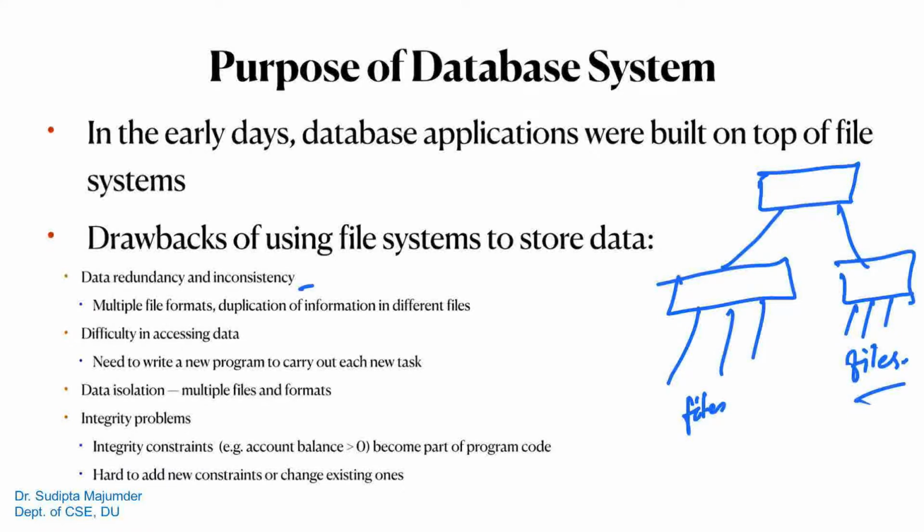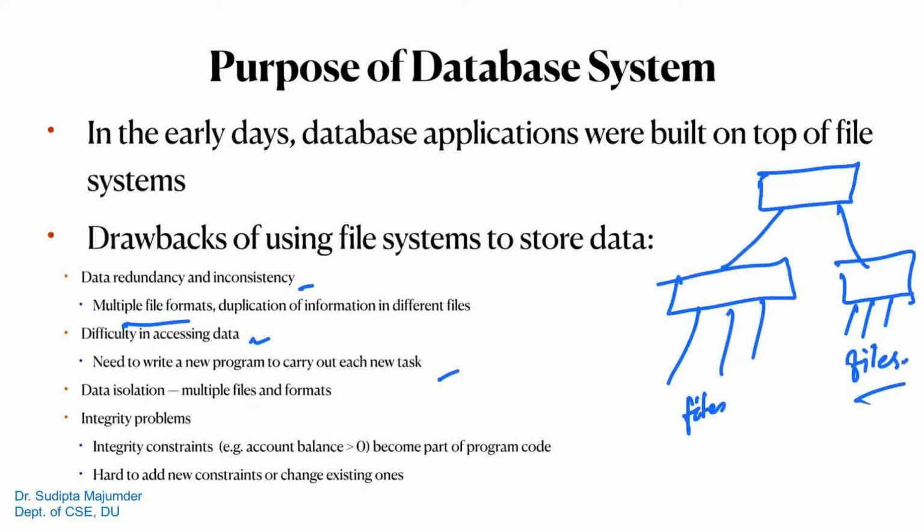Also, it arises multiple file formats. It also results in duplication of information in different files. Another problem with file-based approach is difficulty in accessing data. Since the file can be of different types, different formats were used to store those data. So we need to write different programs to access this data.